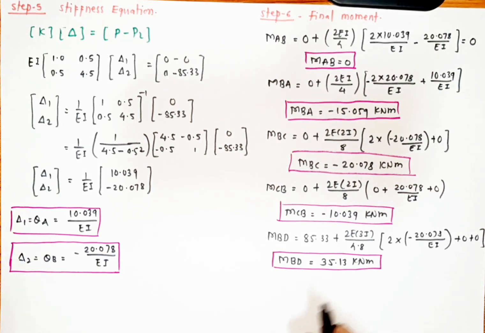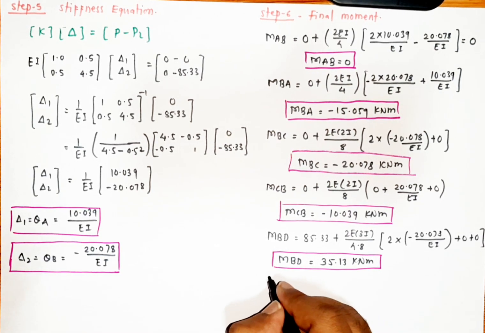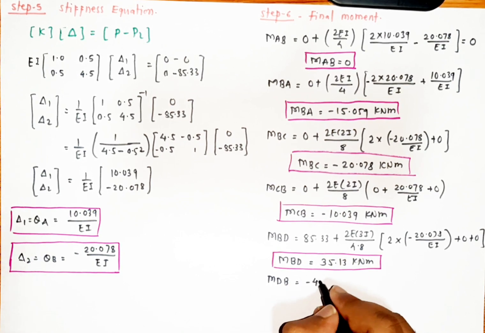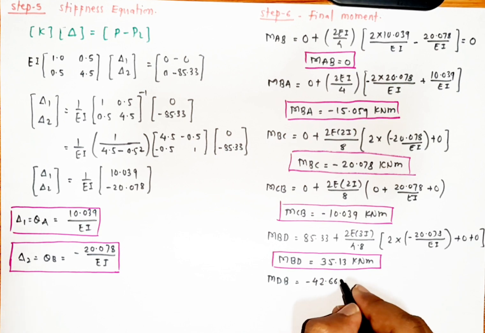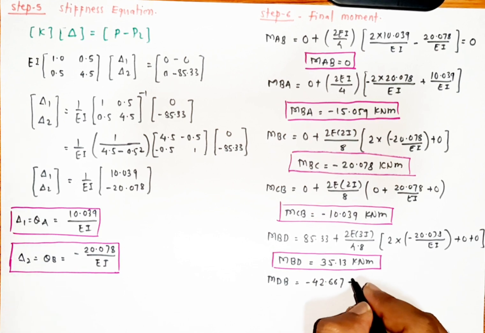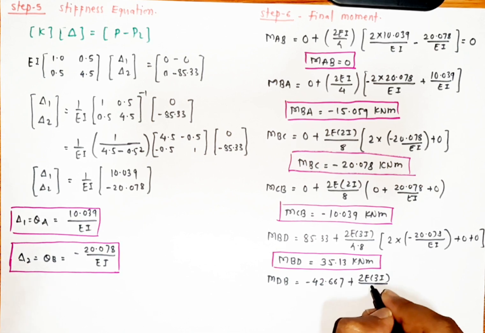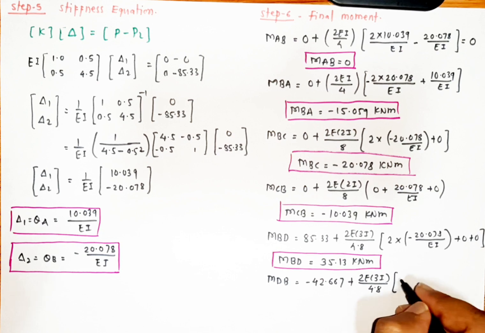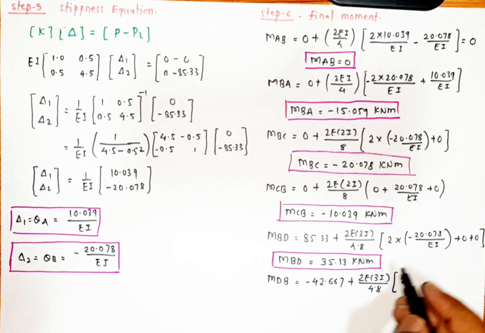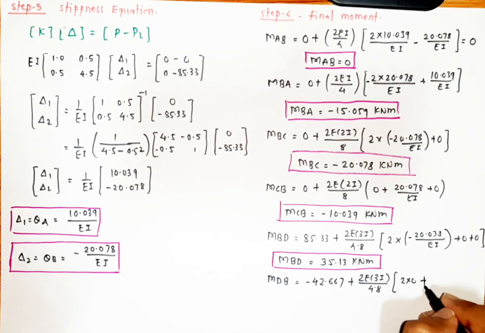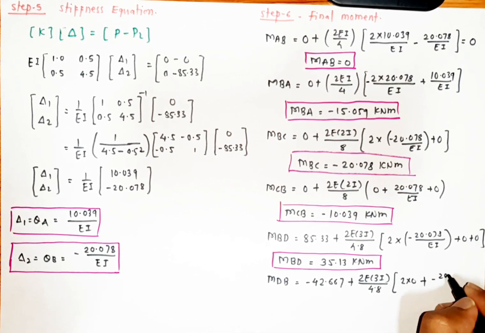Now last is MDB. For MDB, the fixed end moment is minus 42.667 plus 2E into thrice I divided by 4.8 into 2, there is no value for D, so that is 0, plus minus 20.078 divided by EI, which is the value of theta B, plus delta is 0.